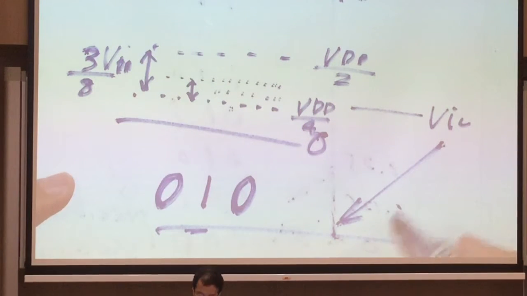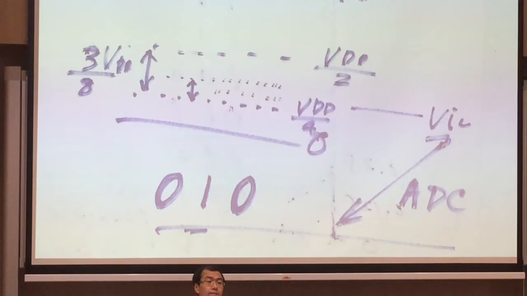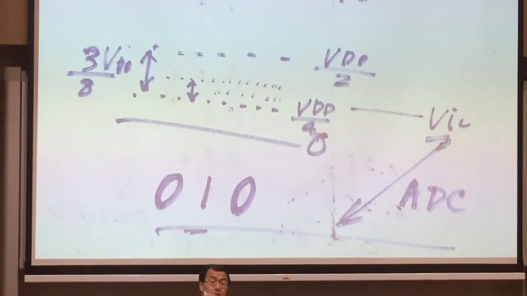So in this way, you are performing your ADC function, analog to digital conversion. Sounds possible, right? Every time you click, you compare the mid level of your range.